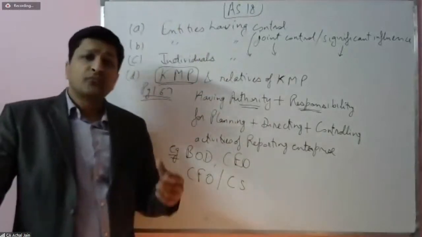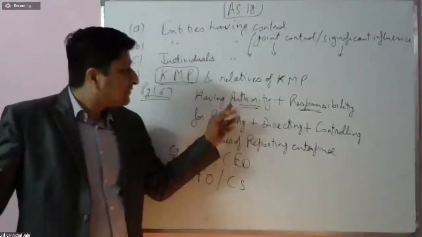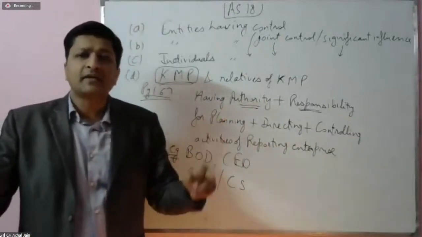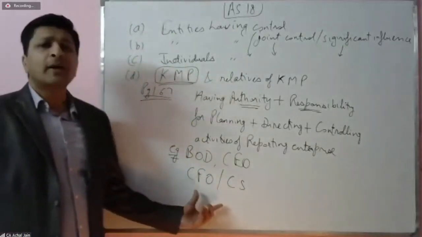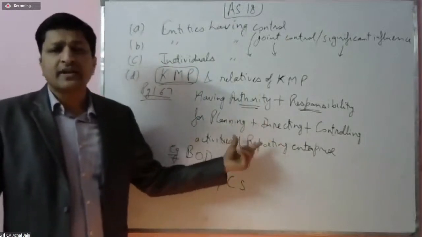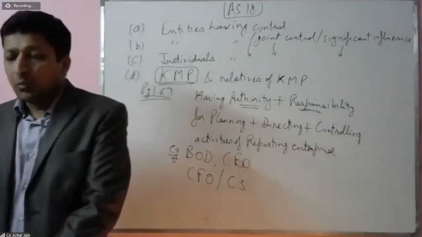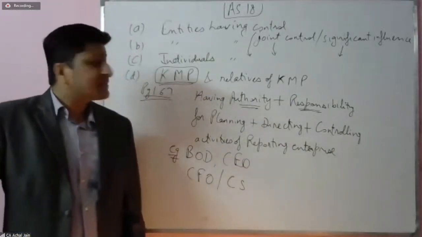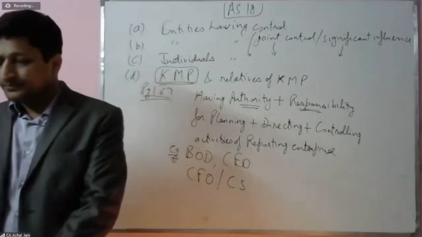Why? Because for a person to become KMP, what is important is that he should have authority plus responsibility in respect of planning, directing and controlling the activities of the entity. So whenever you look at the KMP, you will not simply go by the designation. You will have to look at the role and responsibility assigned to that individual. Clear on this? The moment an individual becomes the KMP, his relatives will also be covered.